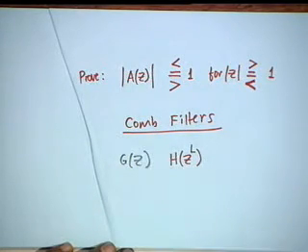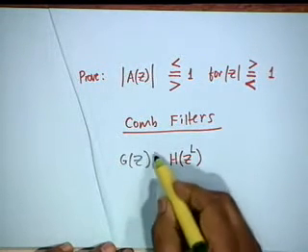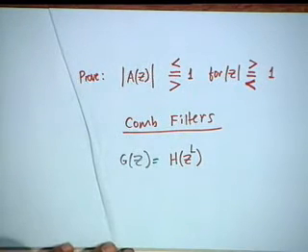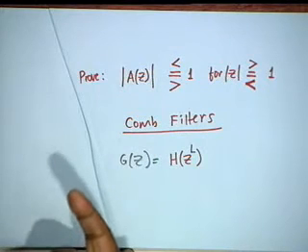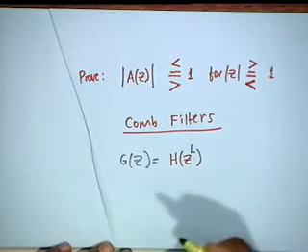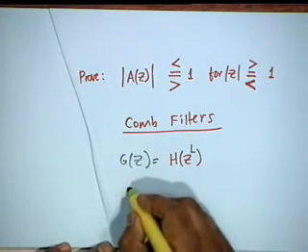G of Z is a comb filter which is derived from a simple digital filter, with each delay replaced by Z to the power capital L. Capital L, of course, is an integer.